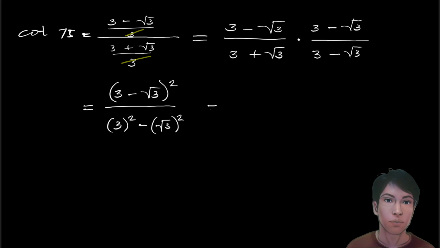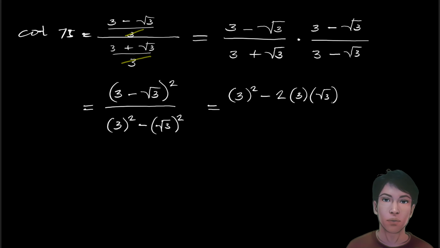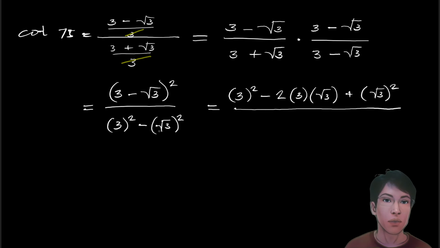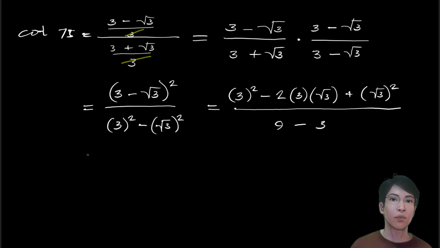And this one is, so we now have 3 squared minus 2 times 3 square root of 3 plus the square of square root of 3. And this one is, so 3 squared is 9 minus 3.